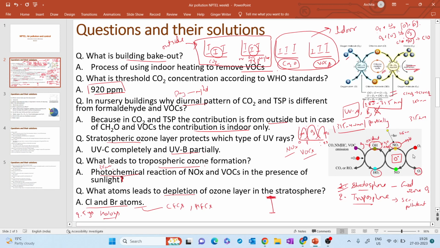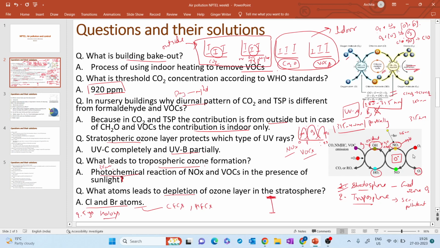Yeah, so both things can happen. We have the oxygen molecule which in the sunlight gives us a lot of oxygen atoms. Ideally, these oxygen atoms have to react with the oxygen already present in the stratosphere to give ozone, right?